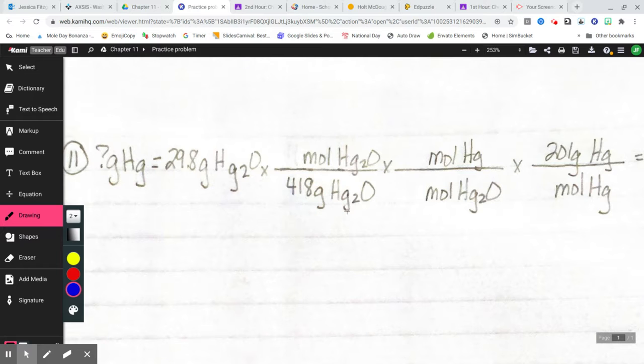This is the part that I want to point out. Make sure you label your substances, okay? And I will explain why. The first step, when you're going from mass of A to moles of A, is always going to be a 1 mole. I'm seeing some students that are wanting to put in the equation's coefficient for this step.